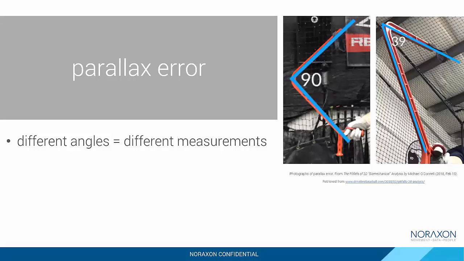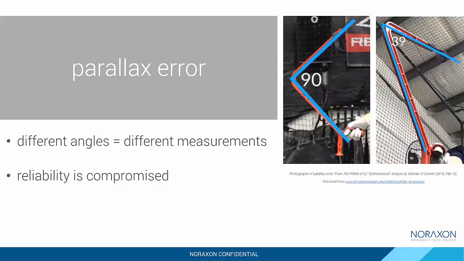This has to be understood when utilizing two-dimensional video analysis. It is absolutely important to position those cameras such that you are facing the perpendicular aspects of the subject that you're capturing. They need to be completely 90 degrees in orientation from the subject.